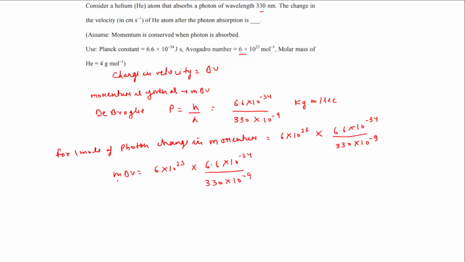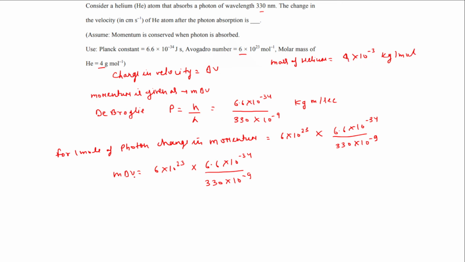Now we are given the molar mass of helium, that is 4 gram per mole, and in kilogram the mass of helium will be 4 into 10 to the power minus 3 kilogram per mole.